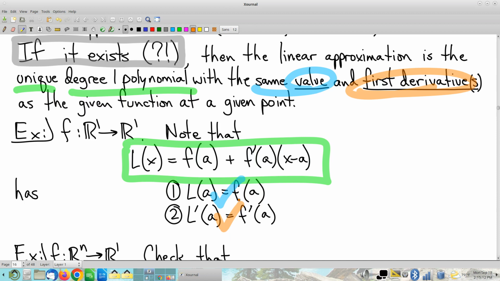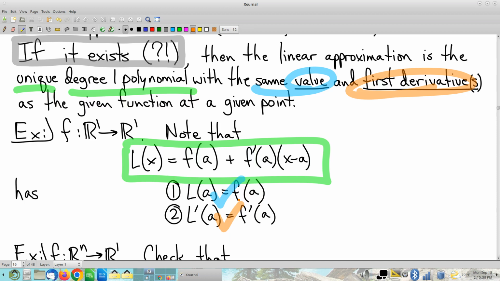Now, it's a healthy exercise to confirm this. This formula satisfies these two criteria. You may have already done this at some point in your Calc 1 experience, but if you haven't, I think it's a really healthy exercise. Plug in x equals a. Notice you get the same value as f. Take the derivative of this and then plug in x equals a.